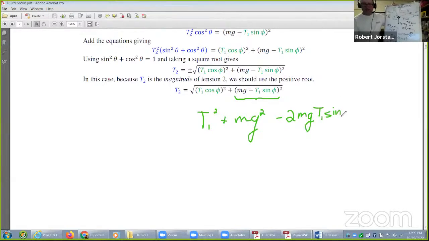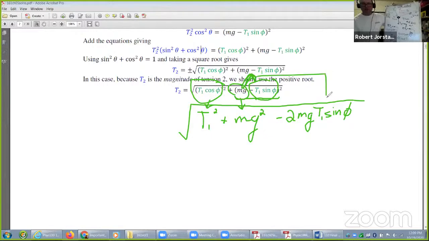And notice that looks a lot like the law of cosines, but not exactly the same. Because when you FOIL this out, the T1 squared plus the T cosine squared becomes this. You've got the mg squared here, but you also have the cross term. The cross term gives you this. So if you're curious, that's some different ways.